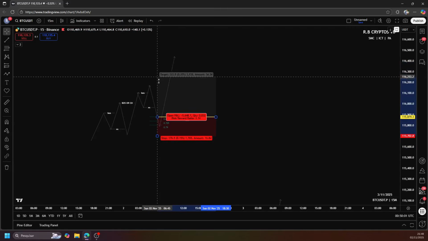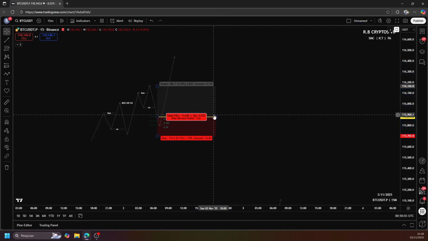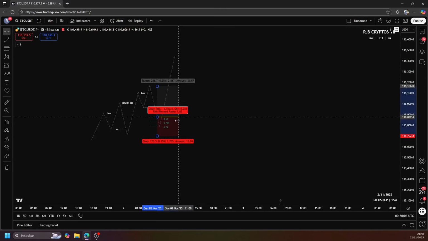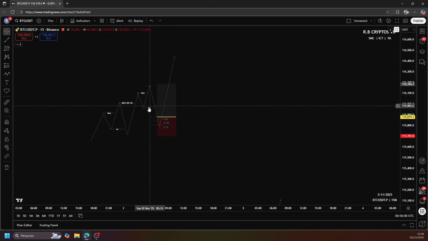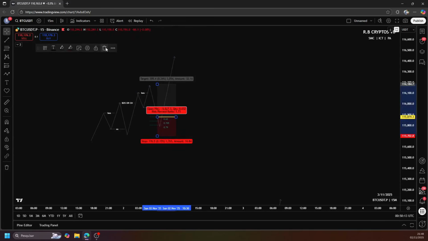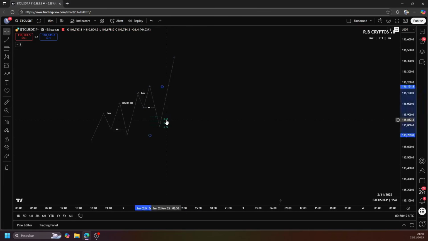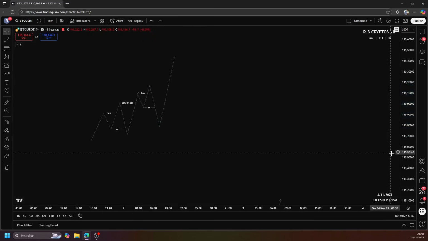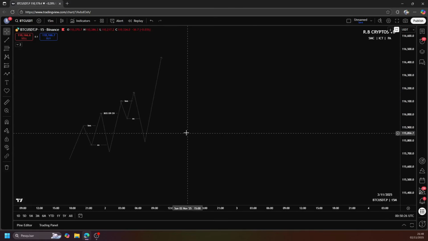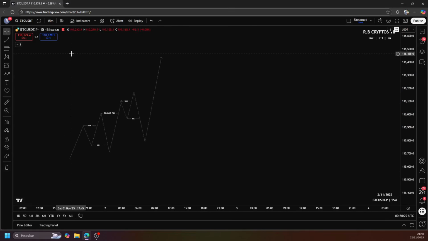Either I extend it or I place it at the last high before the pullback movement. The price comes, sweeps the internal liquidity, and mitigates the OTE zone or my POI. The POI can be an order block, a BPR. I really like my OTE zone, the proprietary volume. So we have to pay attention to this type of range and also to the market bias.